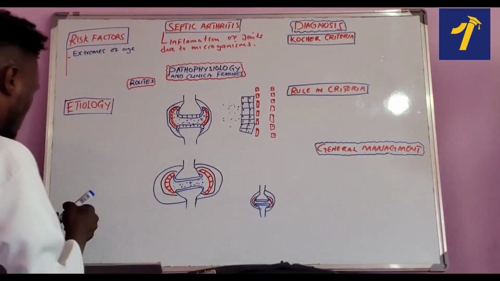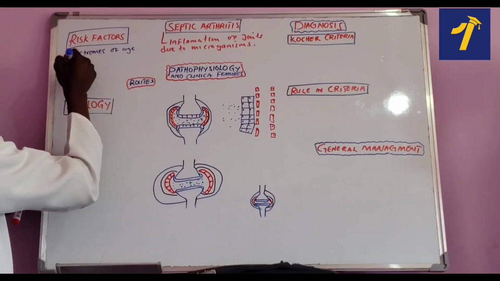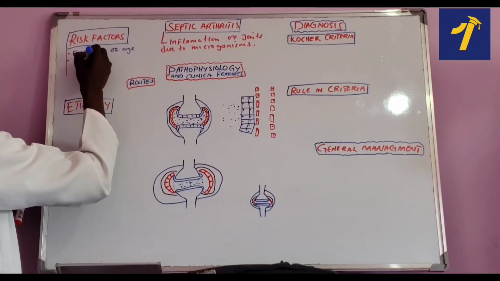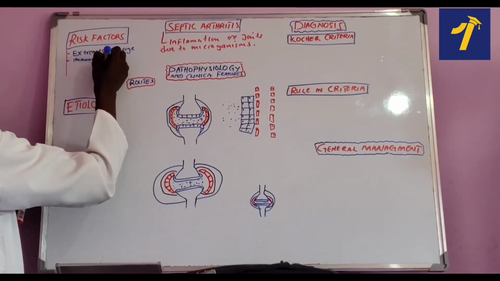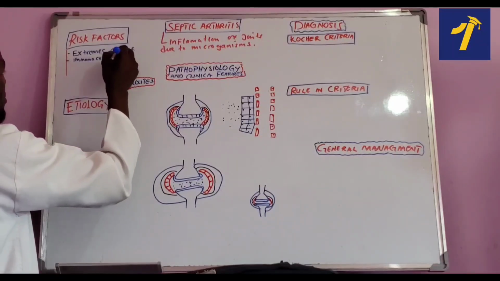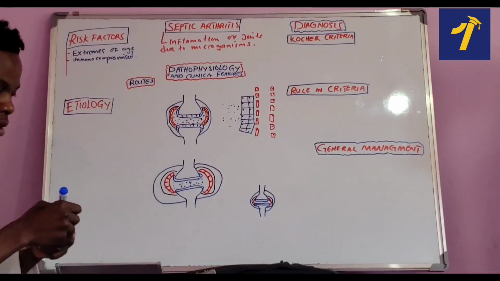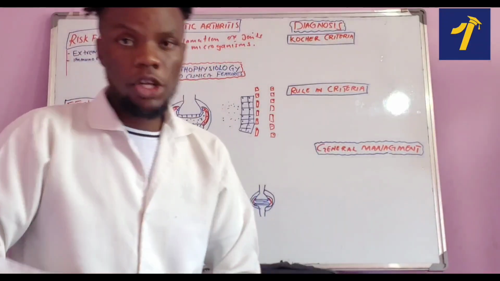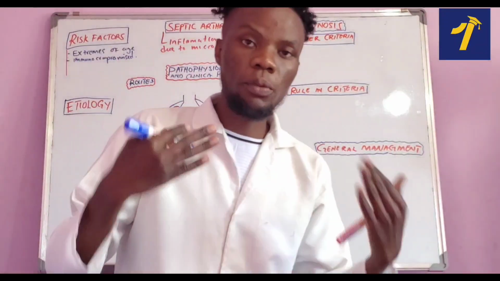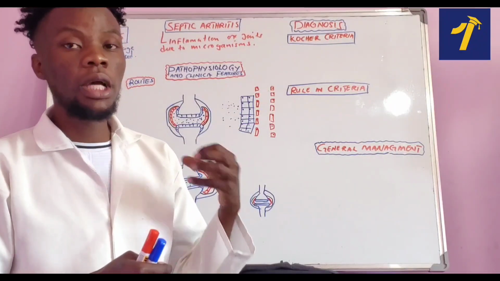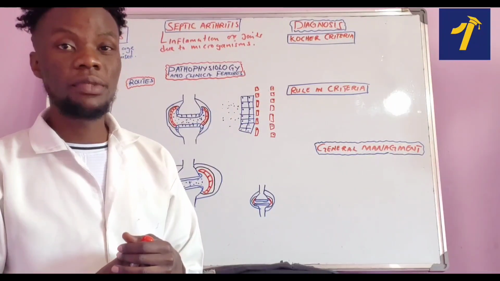Okay, what is the other one? Maybe someone who is immunocompromised. In a population with immunocompromised patients, those people are at increased risk of developing septic arthritis.